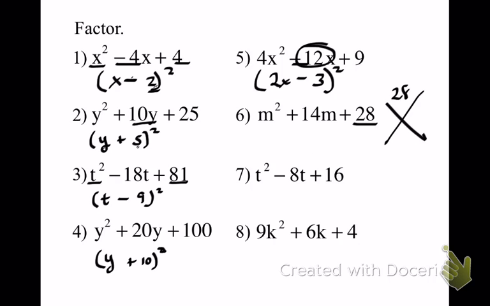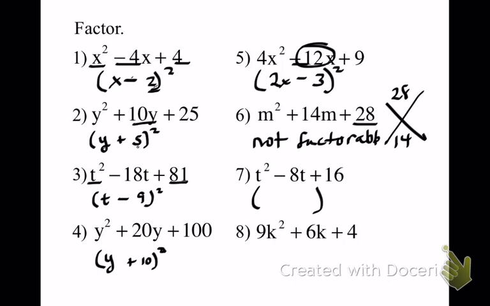It's not a difference of squares because it's 3 terms. So I'm going to check what multiplies to 28 and adds to 14. Well, we know 7 and 4 multiply to 28. How about 14 and 2? But they don't add to this, and neither does 7 and 4. And that's it. So this is what we call not factorable.